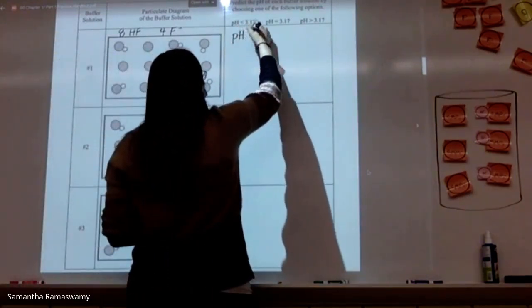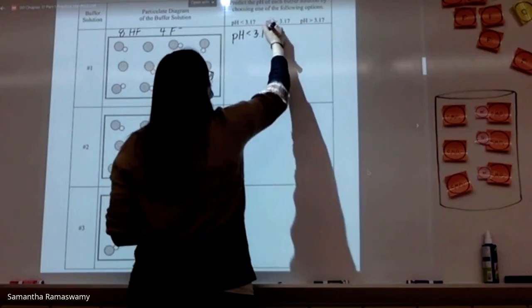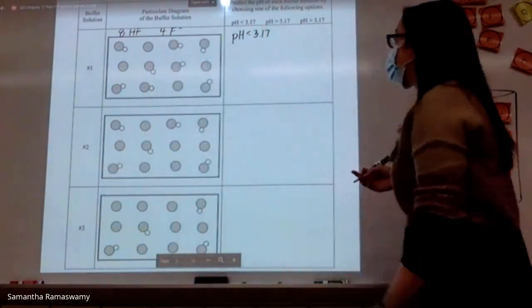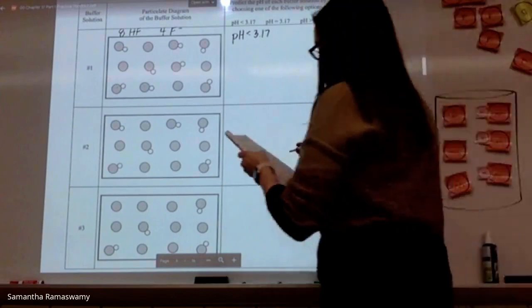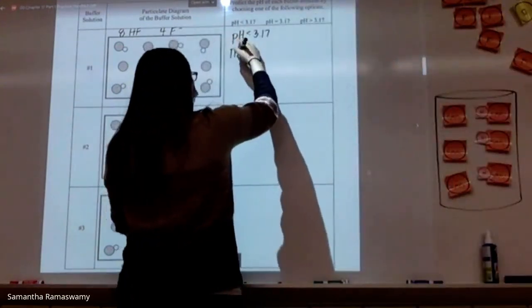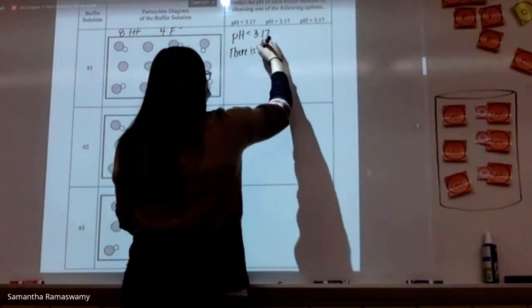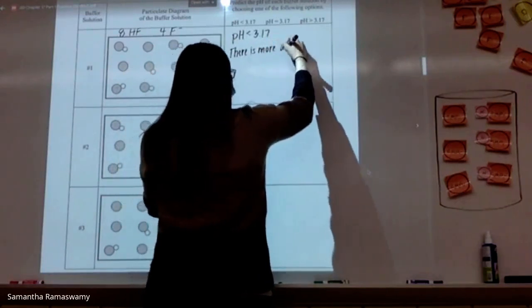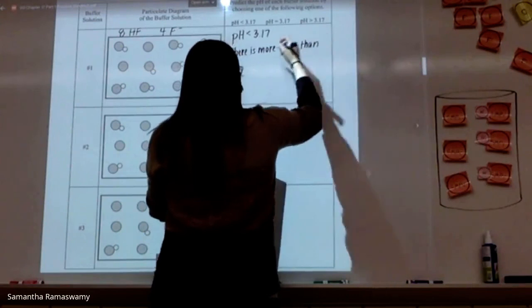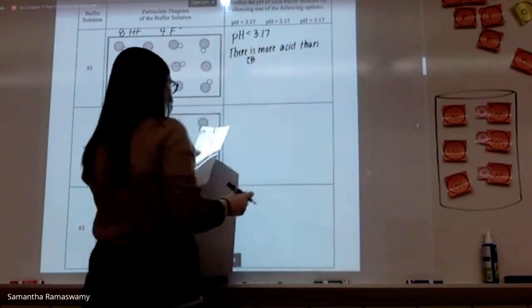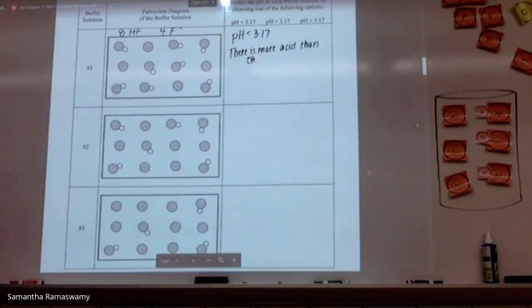If we have more acid, the pH should be less than the pKa. And I'll just make a note here. There is more acid than conjugate base, so pH will be lower.